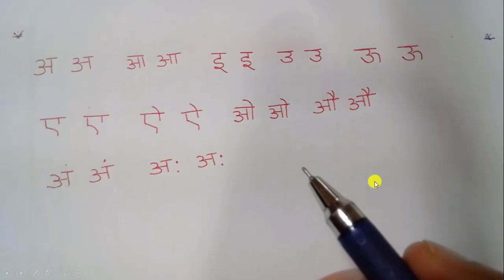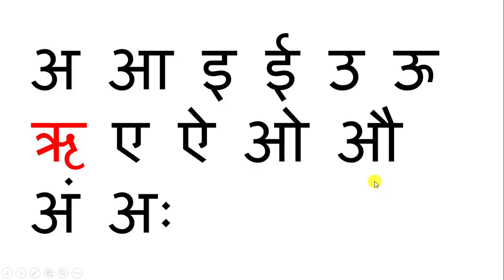Yes. So that's it. That's all the vowels, and that is how you write them. To recap, it is a, aa, i, ee, u, oo, ri, e, ai, o, au, and aha.